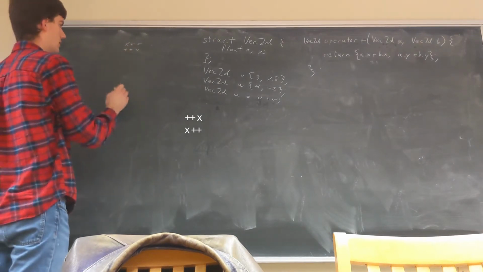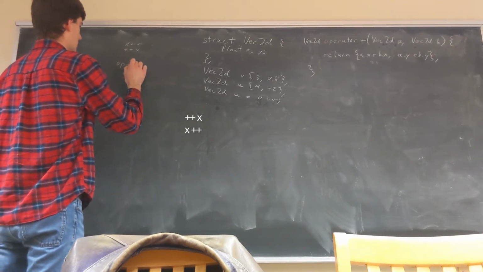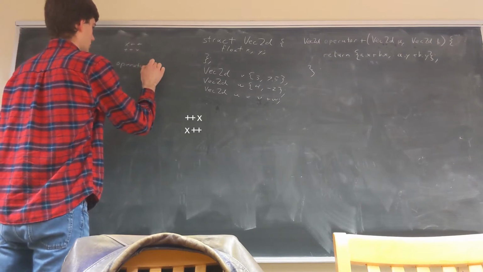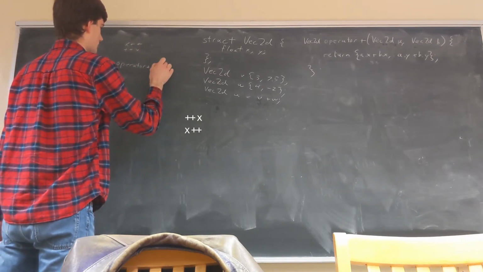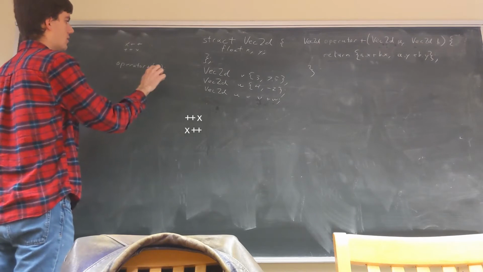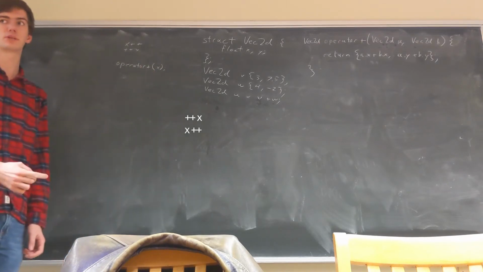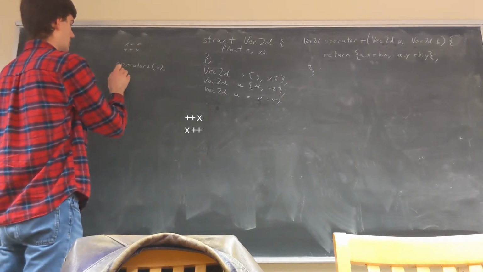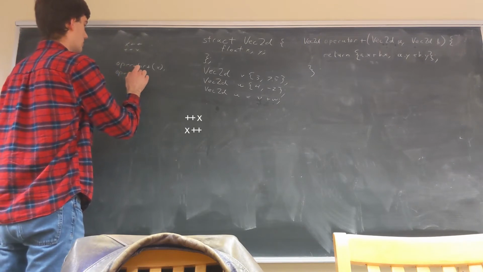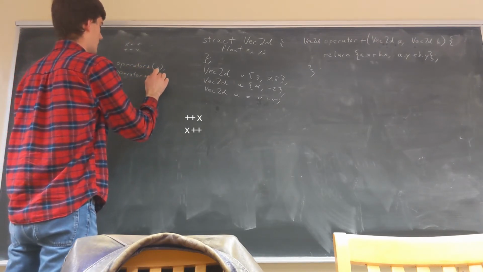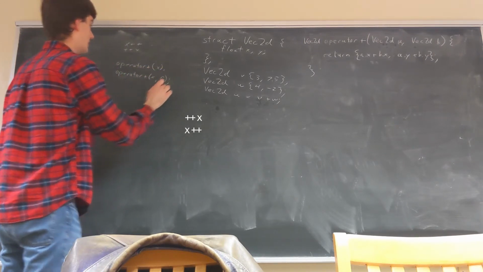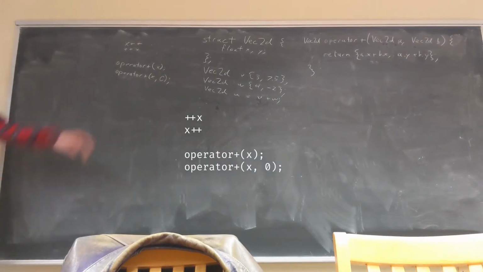The pre-increment is invoked as plus plus x, that's equivalent to x dot operator plus plus, whichever is available, whereas that one is invoked as operator plus plus x comma 0. That's what they decided in order to allow you to overload either one.